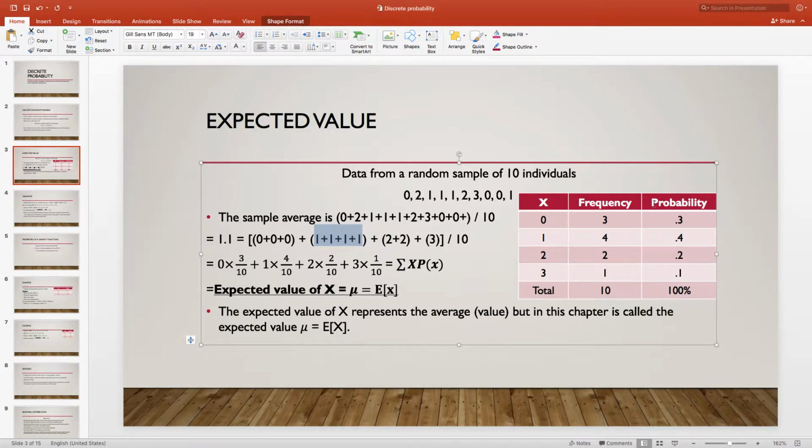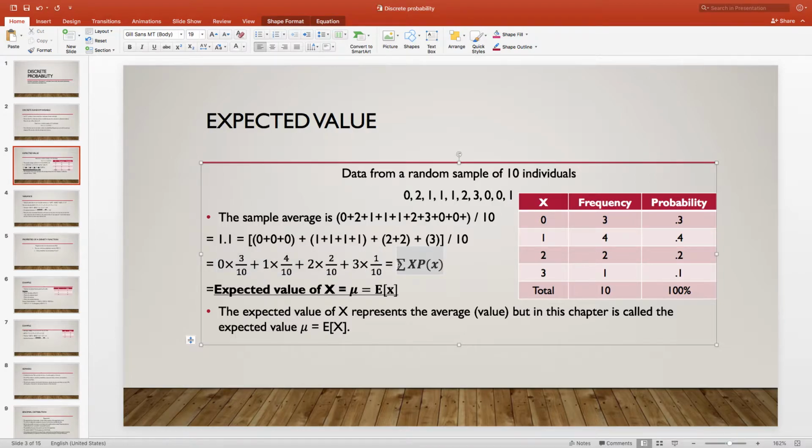That 3 out of 10 happens to be the probability, 0.3. Now I can group all the 1s, and this 4 out of 10 represents the probability, and 4 times 1 gives me these 4 ones. Now I can take these 2s, there happen to be 2 2s, so that's 2 times 2 out of 10, and 2 out of 10 represents the probability. And I can do 3 times 1 out of 10.